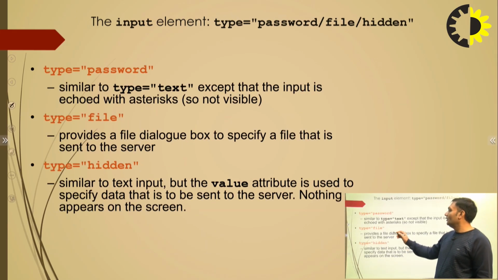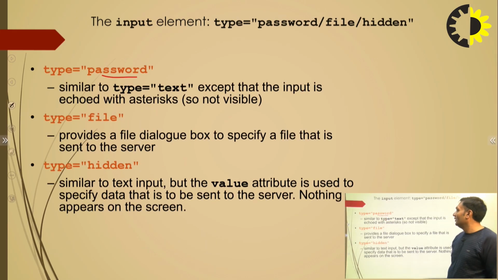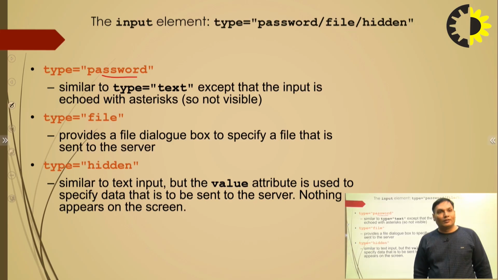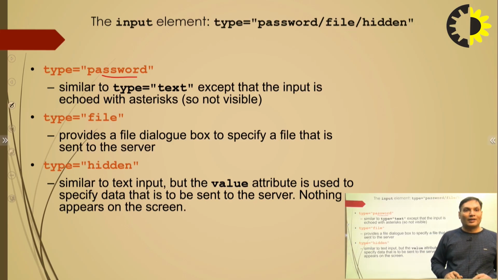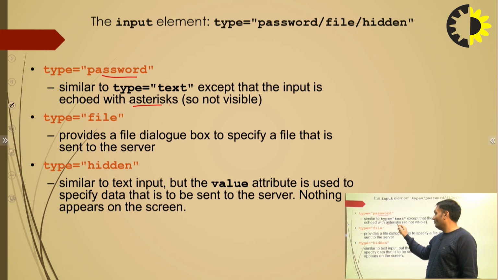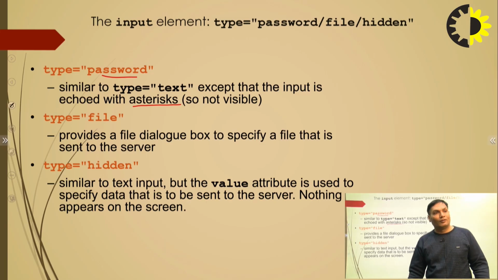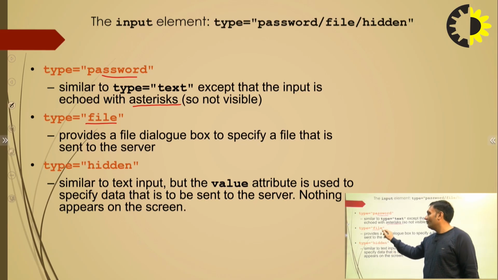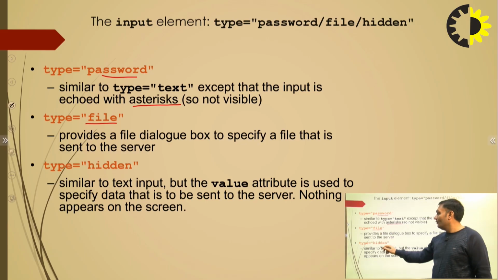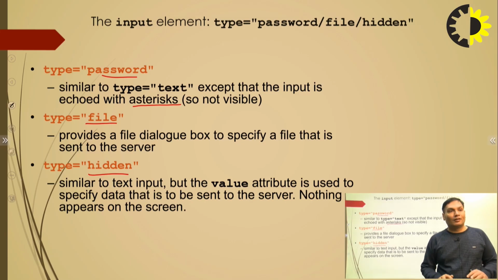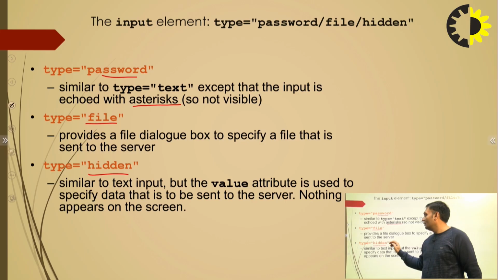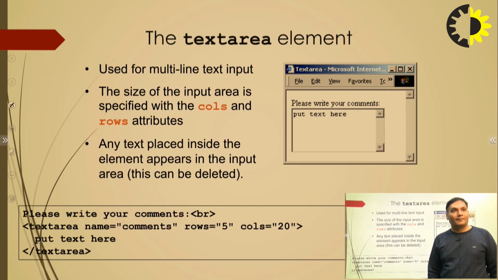We can use a password field. If we want to type a password, then the password will be displayed in the form of asterisks. If we want to upload a file on a web form, then we can use input type equal to file. And if we want to display nothing when we are typing some text input, we can use input type equal to hidden.